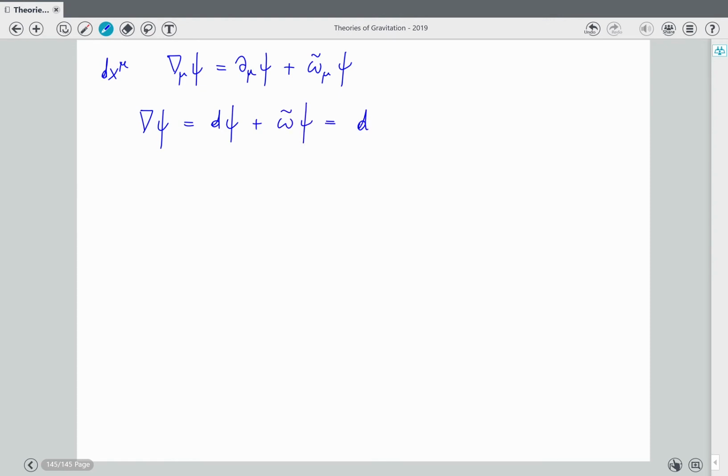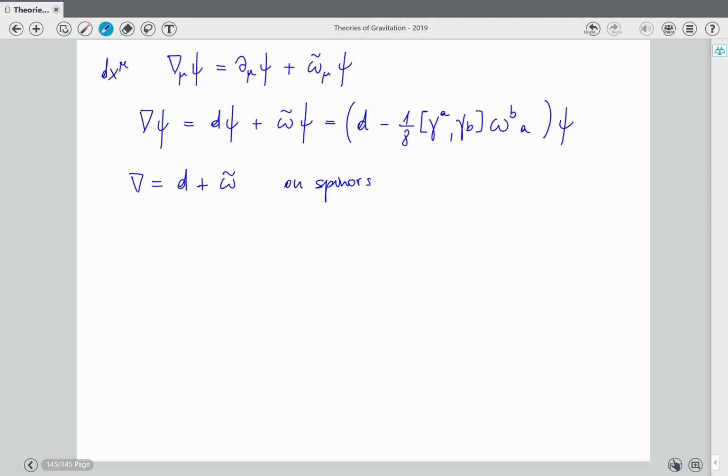Or if you want, d minus 1 over 8 commutator gamma a gamma b omega ba psi. If you want, have del equal to d plus omega tilde on fermions, on spinors, whatever they are.